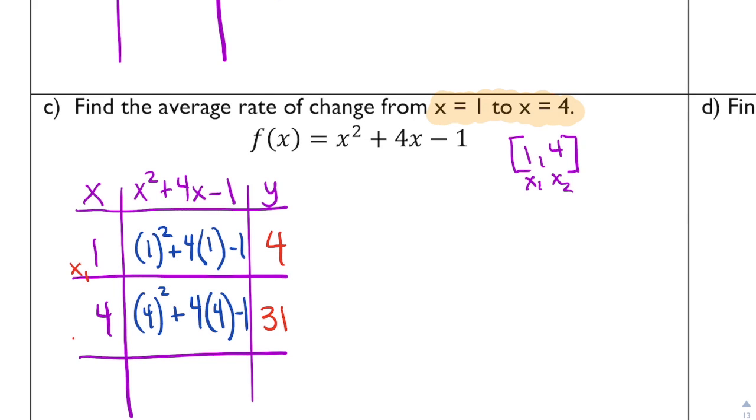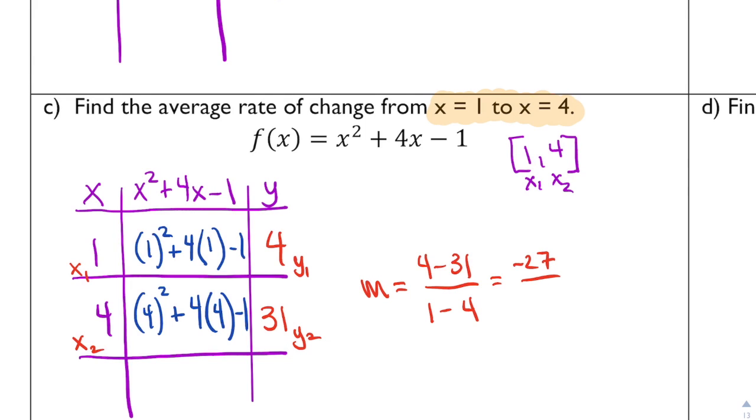Then I'm going to label x1, x2, y1, y2, and plug it into my equation. Then 4 minus 31, and 1 minus 4.